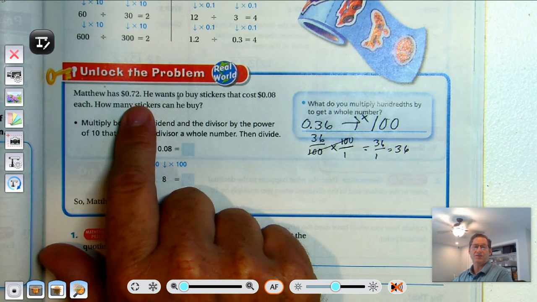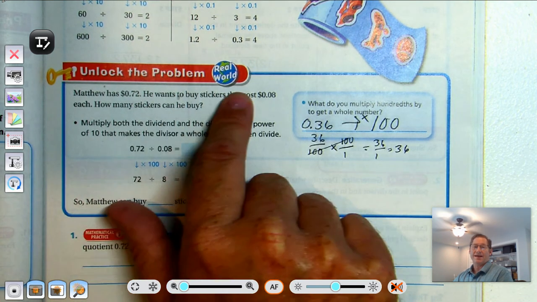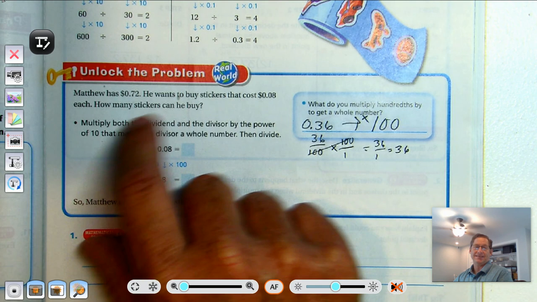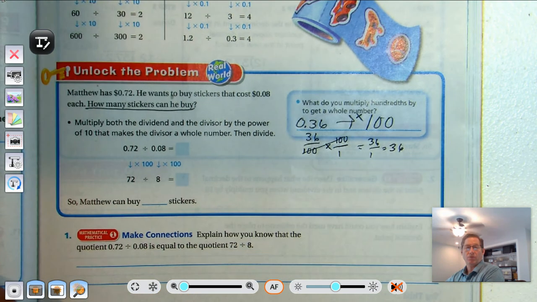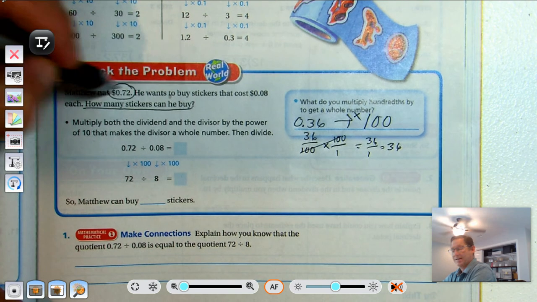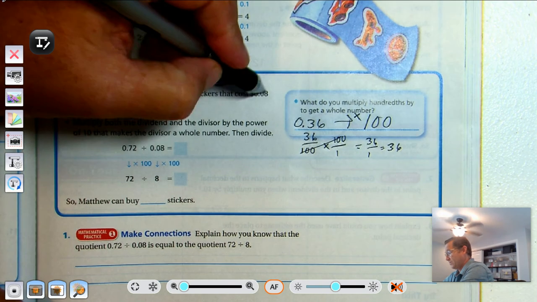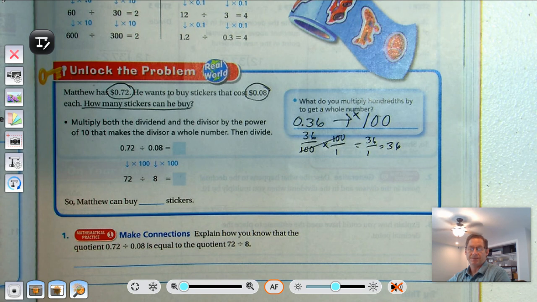So that's what we're going to be doing here in this problem. Matthew has 72 cents. He wants to buy stickers that cost 8 cents each. How many stickers can he buy? So that's our question. That's what we have to find. He has 72 cents. He's going to split that among the stickers that cost 8 cents each.